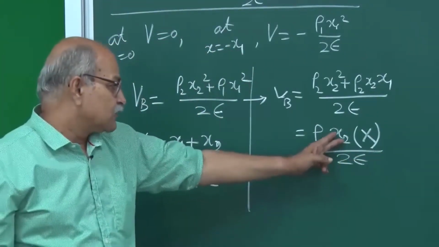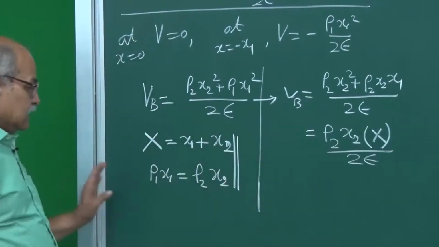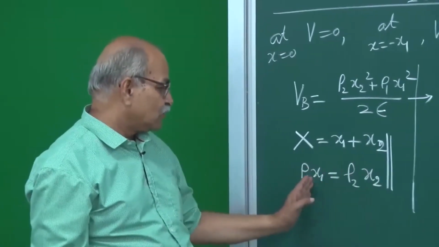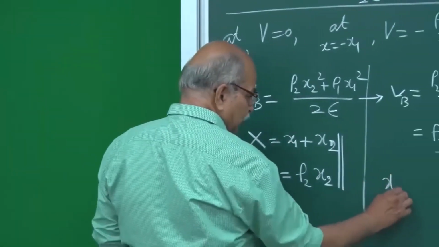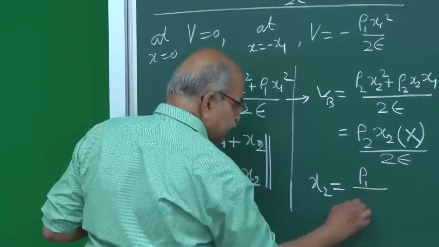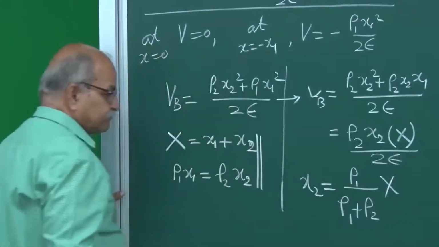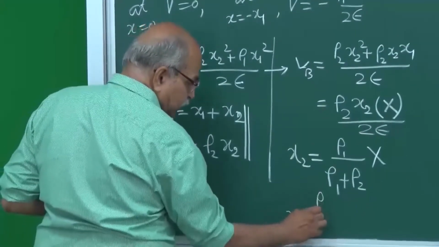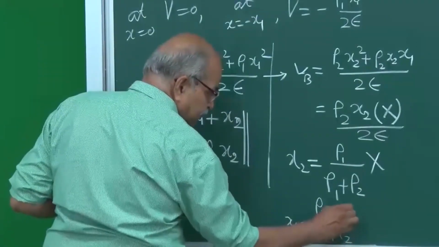Now you have to eliminate this x2, and that you can do from here. This x1 and x2 are in inverse ratio of rho 1 and rho 2, and the sum is capital X. So x2 will be rho 1 divided by rho 1 plus rho 2 times capital X. And x1, I don't need that, but x1 will be rho 2 divided by rho 1 plus rho 2 and then capital X.